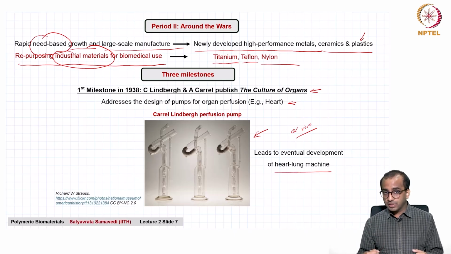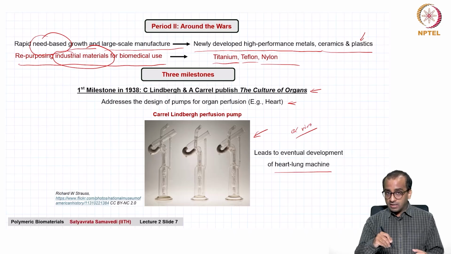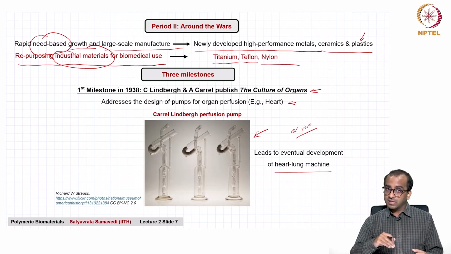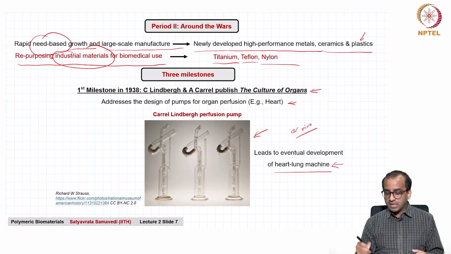In the Carroll-Lindbergh pump, the idea was to take the organ out and keep it alive outside the body by perfusing blood through it. And the design for the heart-lung machine which we use today was largely inspired by the Carroll-Lindbergh pump. In fact, the heart-lung machine today is used when cardiac surgery happens.